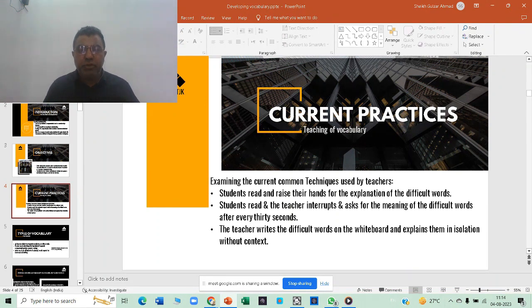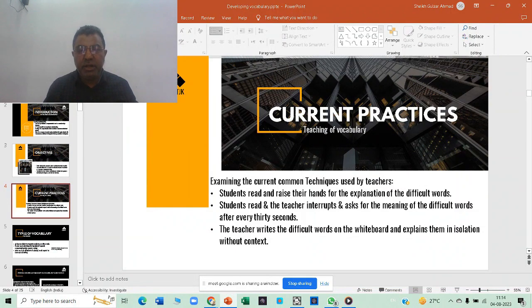Number 2, students read and the teacher interrupts. Sometimes you allow the students to read, and in between, frequently or intermittently, you stop your learner and tell him, just tell me the meaning of this word. What does that word mean? So like this, we try to explain things.